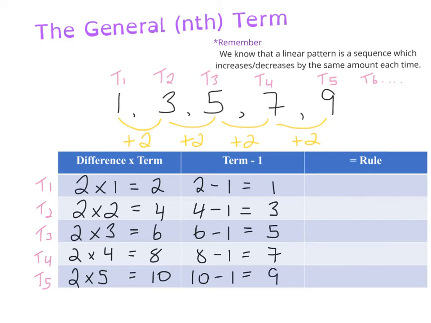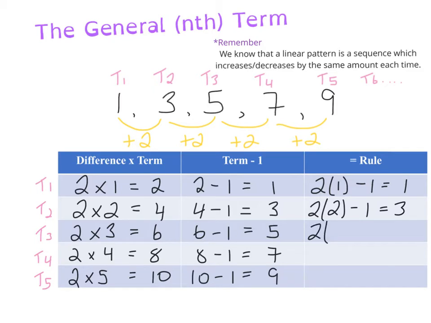So we've now found out that 2 multiplied by the term, whichever the term is, will give me the sequence. So my rule is 2 times 1 take away 1 will give me 1. 2 times 2, which is 4, take away 1 will give me 3.